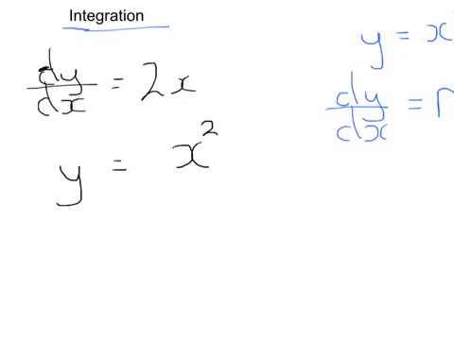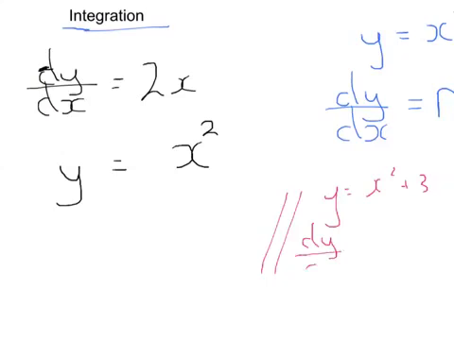Now, something else that I need to consider is if we had, for example, I'm going to go off to the side again one more time, I'm going to work in red this time. If we had, for example, y equals x squared plus 3.